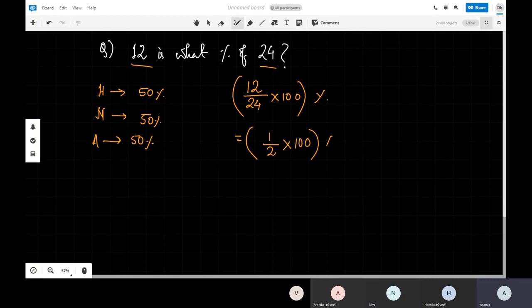Times 100. And 1/2 times 100 is the same as 100 over 2 percentage, correct? 100 over 2 is equal to 50, so it's 50%. Very good. Okay, that's great. So I guess you guys now have a good idea of how to find out a number is what percentage of another number, right? Yes, ma'am.